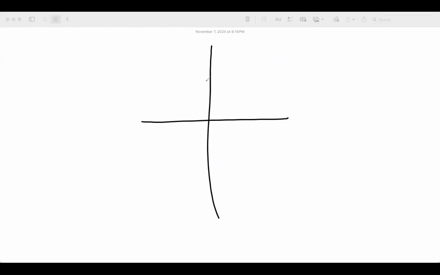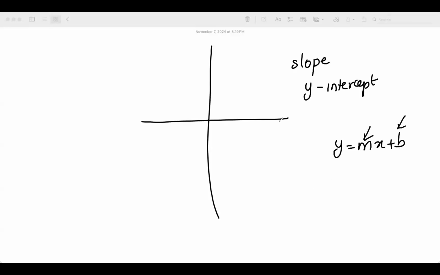Okay. Now, you are going to send me the slope and the y-intercept. You know the equation of a line is y = mx + b, where m is the slope and b is the y-intercept. Okay, so let's see this.